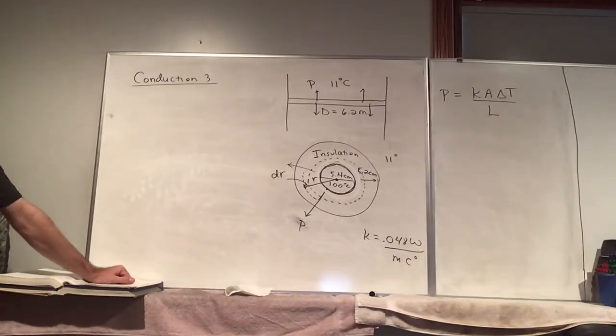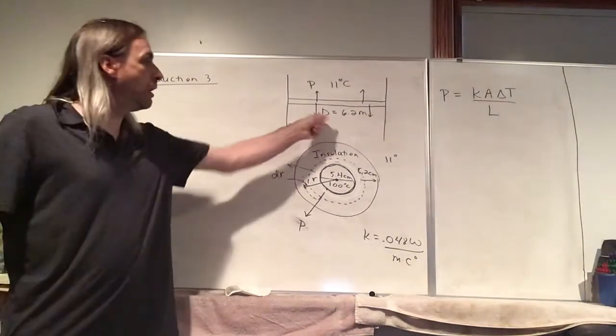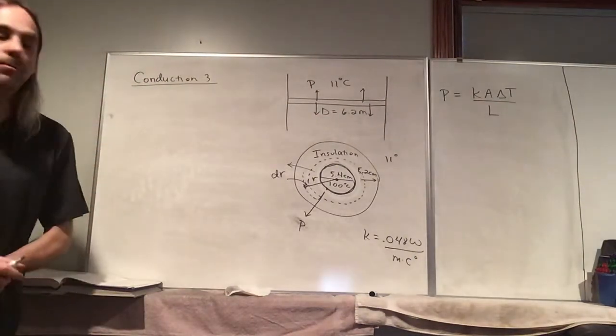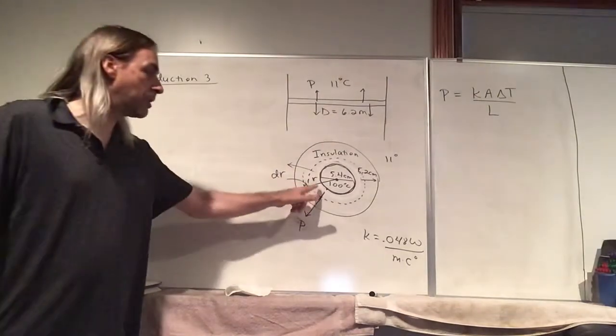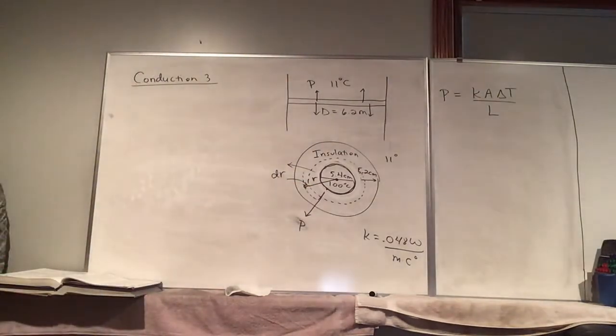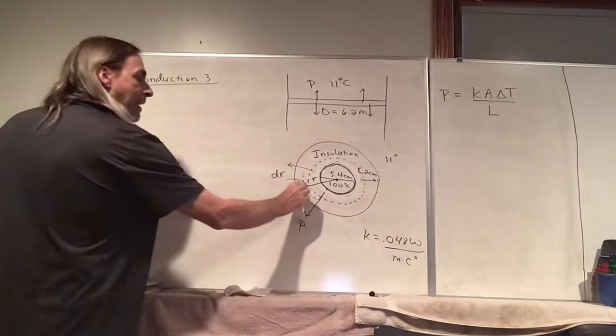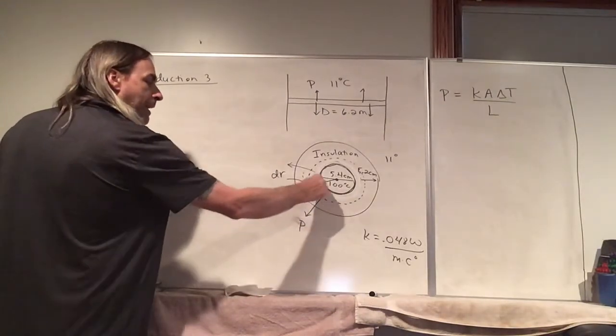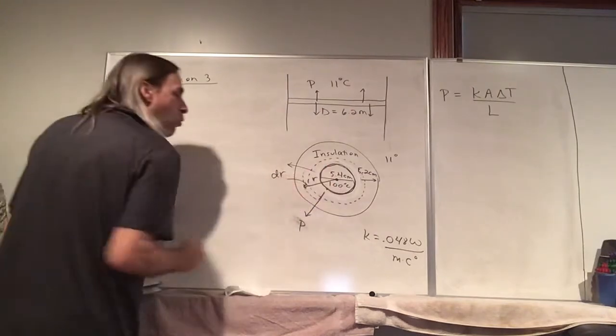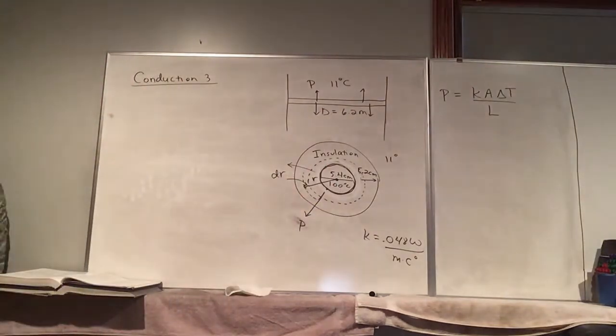As long as dr is small, it's infinitesimal, we can consider that A in the formula just the length of the pipe times the circumference at this radius. And so we can consider this like a very thin slab, and then the next slab is going to have a greater area. Like each slab, as we move outward, is going to have a greater area.